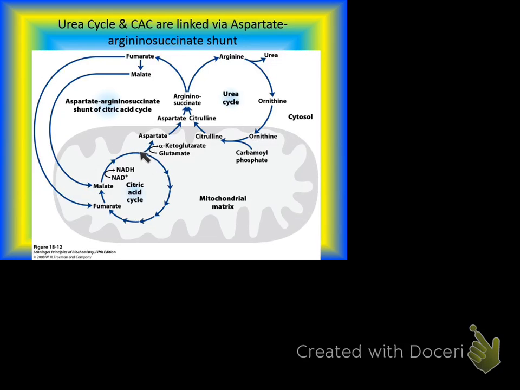What's the alpha keto acid that can be used to make aspartate? Oxaloacetate. Oxaloacetate, using the aspartate aminotransferase, can make aspartate. Aspartate can go on, it gets used to make argininosuccinate, kicks off the fumarate, which can go on back into the citric acid cycle.